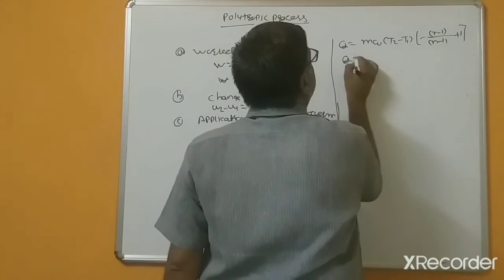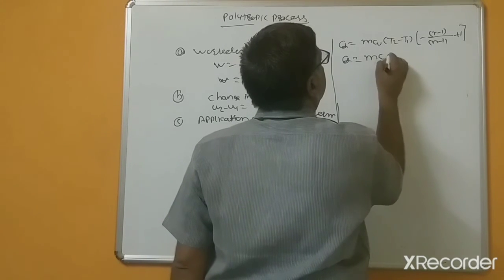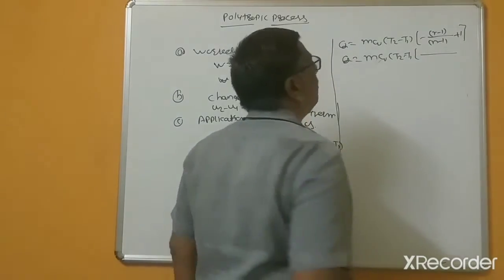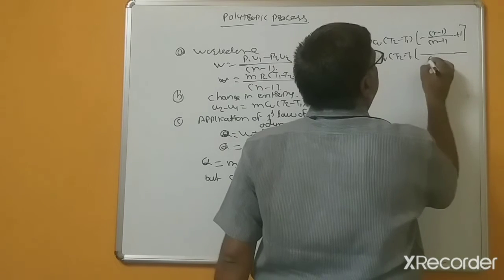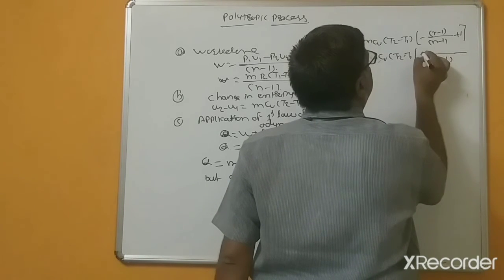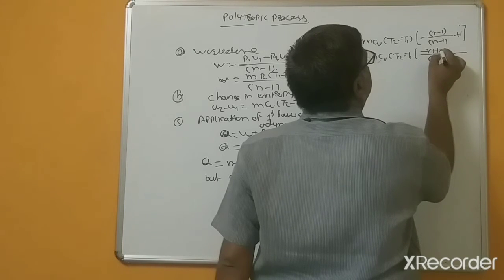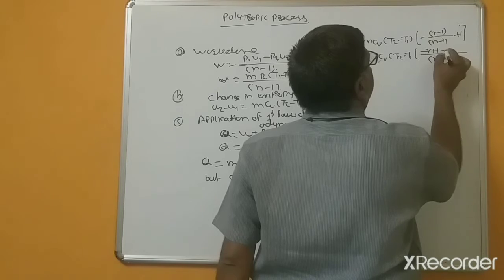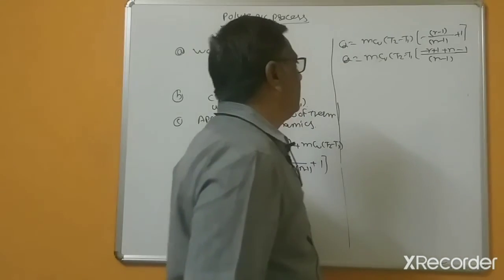So Q equal to mCv (T2 minus T1). Now by taking LCM, n minus 1, expand gamma minus plus 1, and this becomes plus n minus gamma.